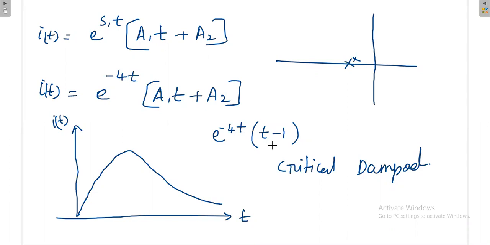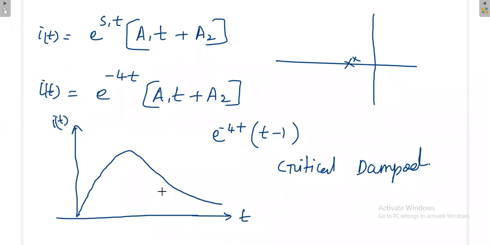So what we can take such that at t is equal to 0, exactly we are getting 0. E power 0 is 1. Anywhere t is equal to 0, irrespective of a1, we'll get a2 only.